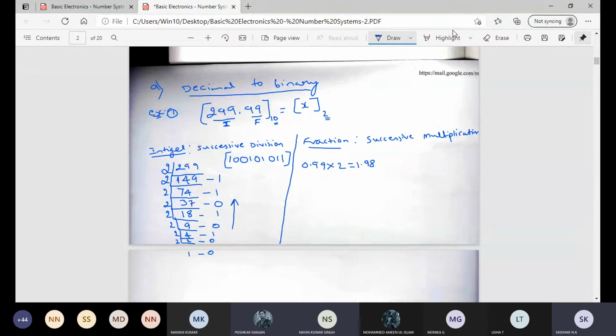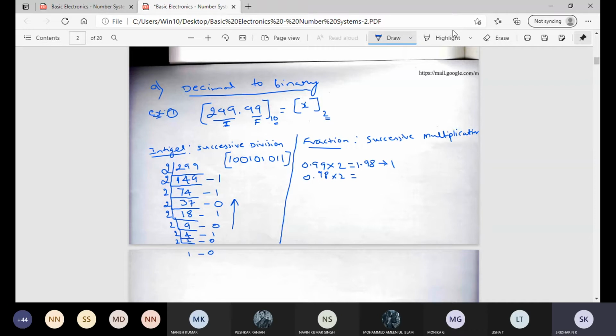Yeah, correct. Here you have to note down the integer of the product. What is the integer of the product? It is 1. And the fraction part is moved to the next iteration, that is 0.98 into 2.